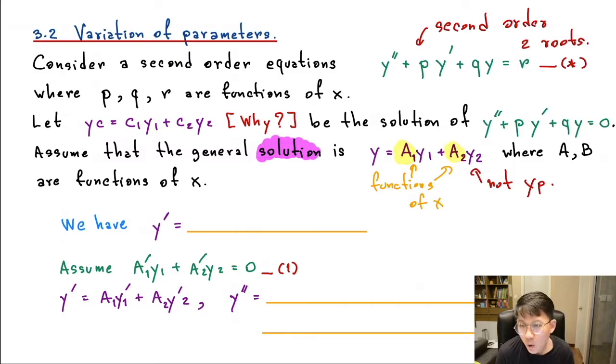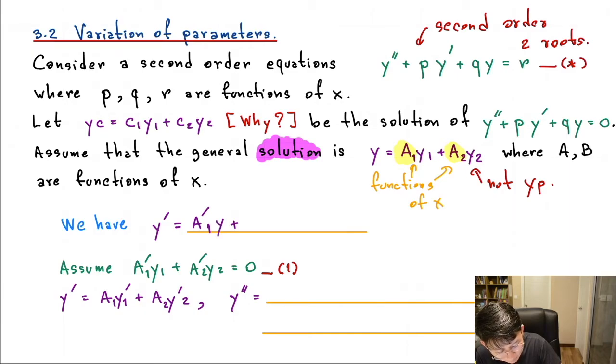So we have that y prime is, what is it? It would be a1 prime y1 plus a1 y1 prime plus a2 prime y2 plus a2 y2 prime.